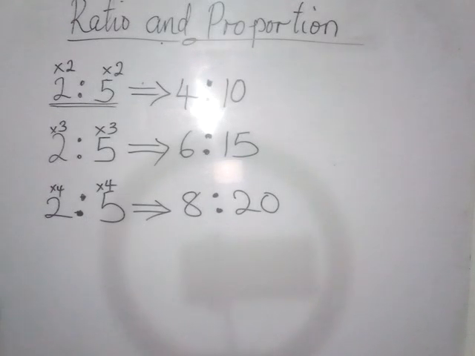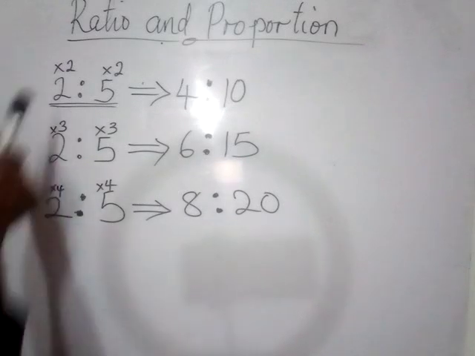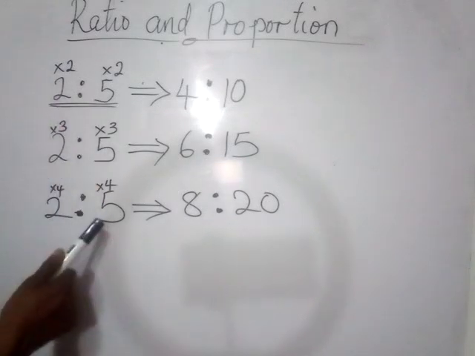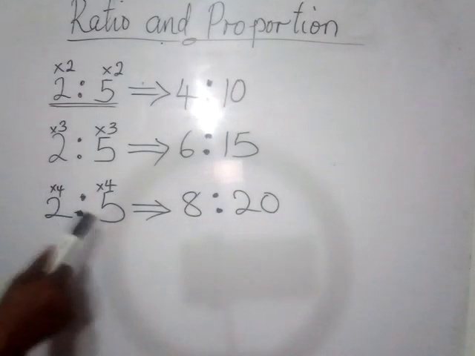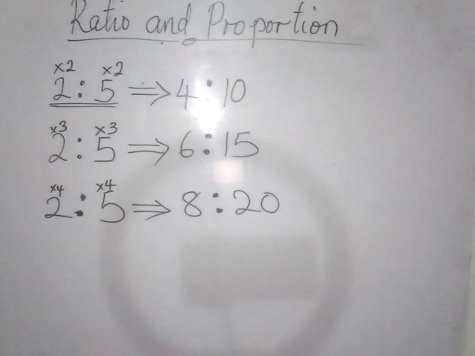Remember when we tried to build equivalent fractions, we just kept on multiplying the numerator and denominator by the same number, varying the numbers that we use. Whatever answer you get that way is an equivalent to the fraction you multiplied. It's the same thing here. Any answer we get is equivalent to the original ratio, this 2 to 5.